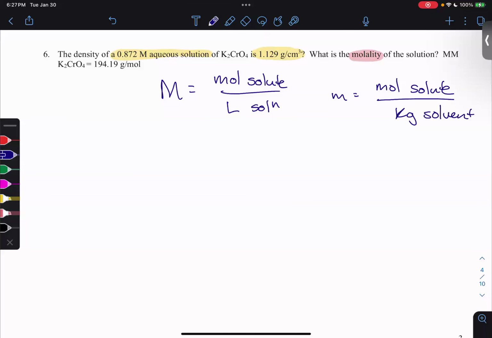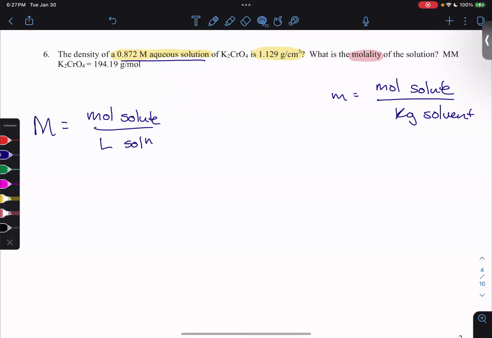Okay. So in this question, we are given an aqueous solution of potassium chromate. I give you a density, and I want you to calculate the molality of this solution. How I always like to start is to remind myself what that molarity means if I need to use it in a conversion factor.